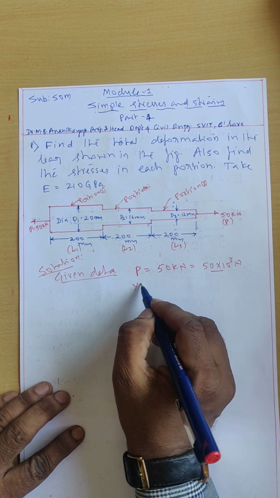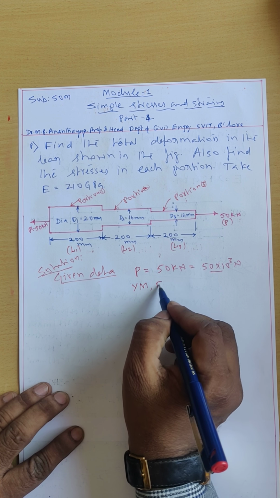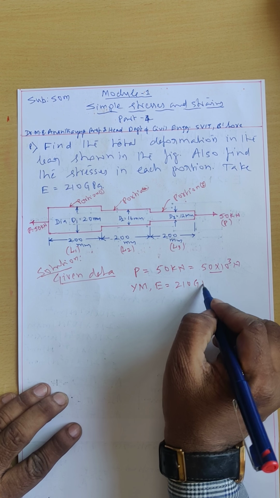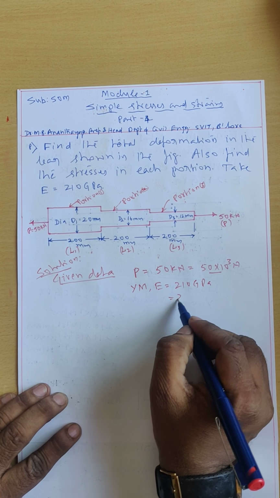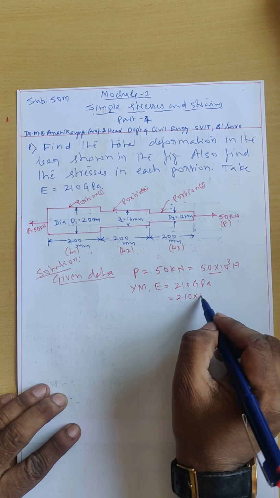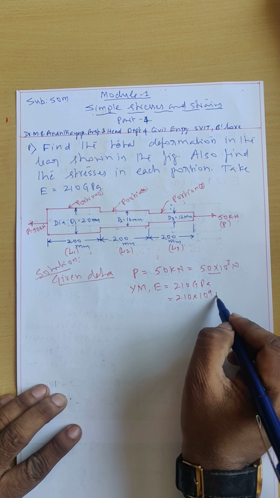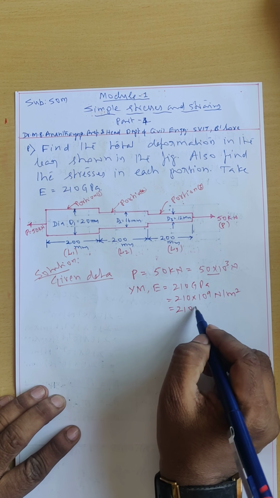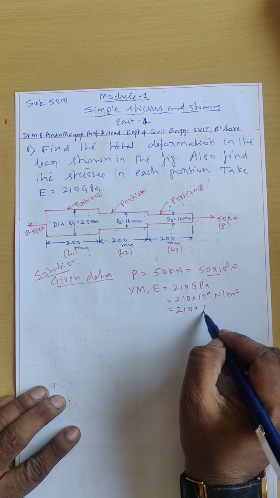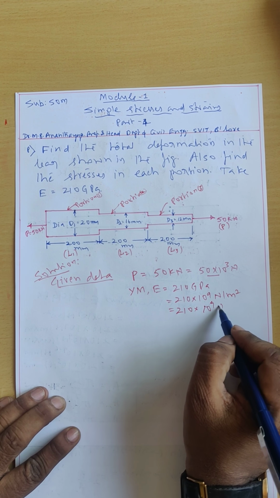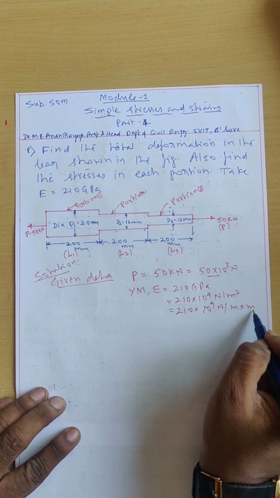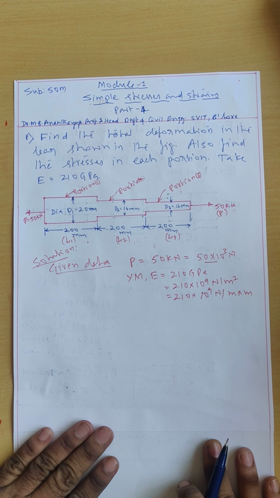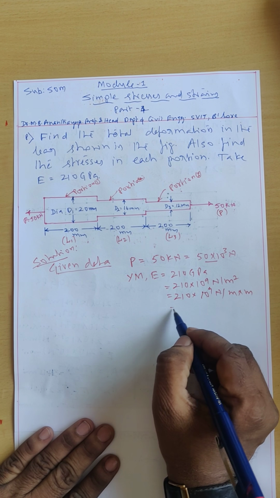Young's modulus E is given, 210 gigapascal. Giga means 210 into 10 to the power 9 Pascal. Pascal means Newton per meter square. It is nothing but 210 into 10 to the power 9 Newton per meter into meter. If you convert this meter into meter to millimeter, you have to multiply by 1000.